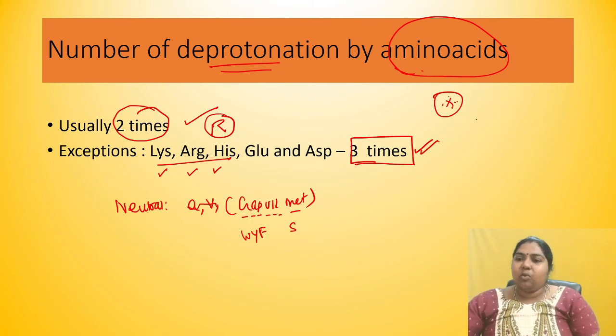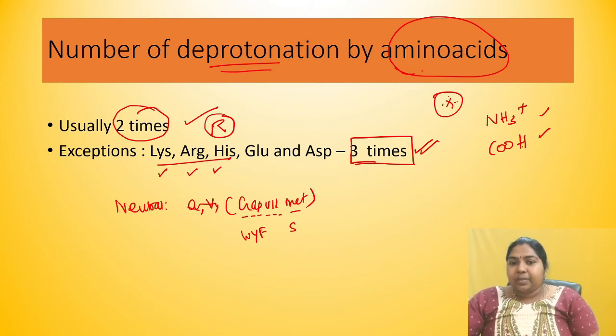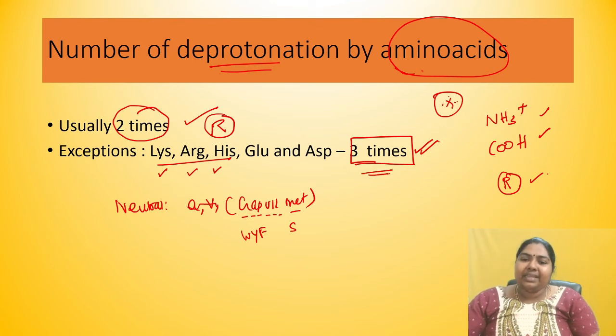So in general, what are the groups that undergo protonation and deprotonation? Your NH3 plus, your COOH. So that is why your usual amino acids are undergoing deprotonation twice. But in case of these basic amino acids, you have an extra R group, right? So that is why it is undergoing deprotonation 3 times. What are they? Lysine, arginine, histidine.